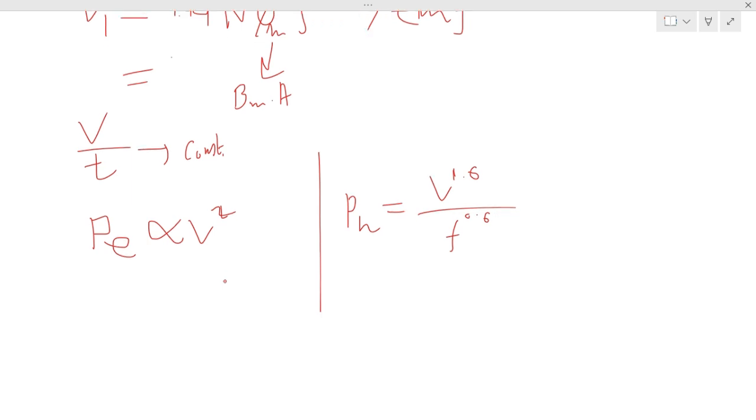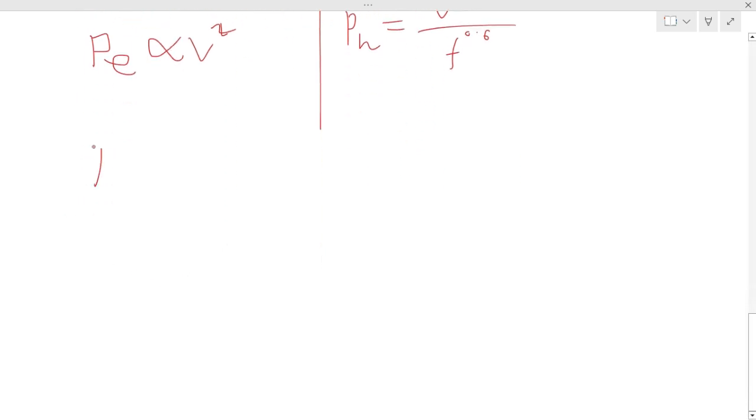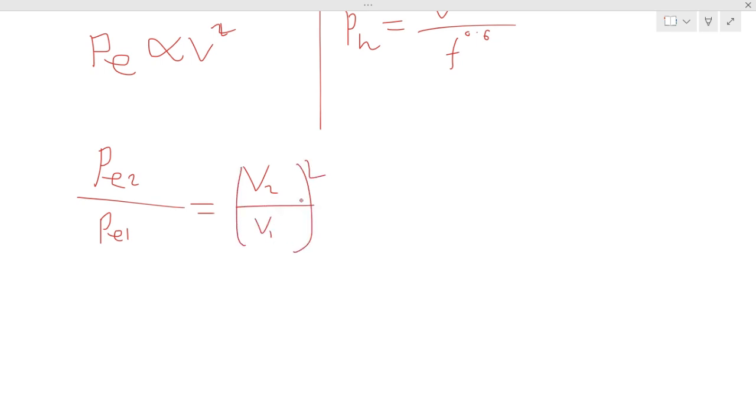Now we can put the formula here: PE2 by PE1 for eddy current is V2 by V1 whole square. This problem is quite lengthy, but don't memorize this, just see how I am solving it. Understand the approach, the method, and the concept behind this question, and you can solve this type of question easily.